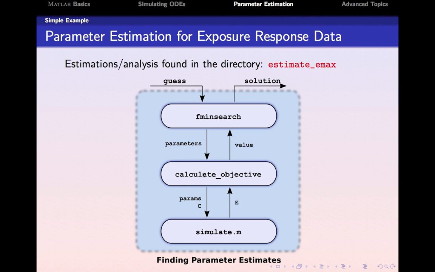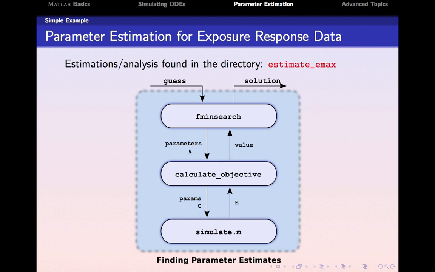What calculate objective is going to do is simulate your system forward in time for a given set of parameters, and then it's going to receive the output, and based on the output of your model, or your model predictions, and your actual data, it's going to calculate some objective function value. And so what fminsearch is going to do is manipulate your parameters until it minimizes this value. So this is a flow chart, and this is a flow of information.